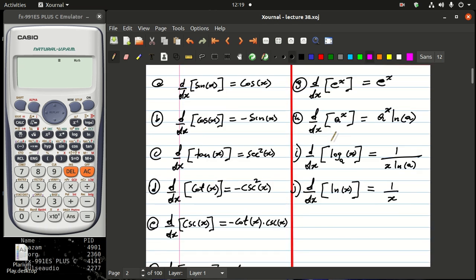And then we used these rules above to actually prove that the derivative of sine of x is cosine of x, and the derivative of cosine of x is minus sine of x. So this one and that one, we used the first principle to prove these two.